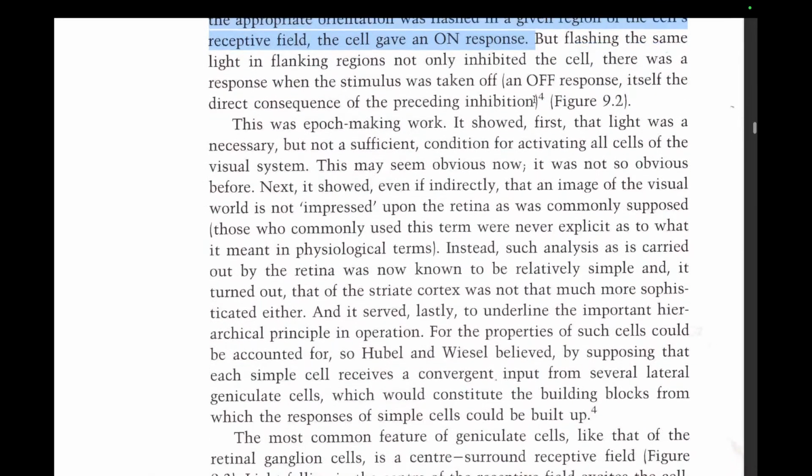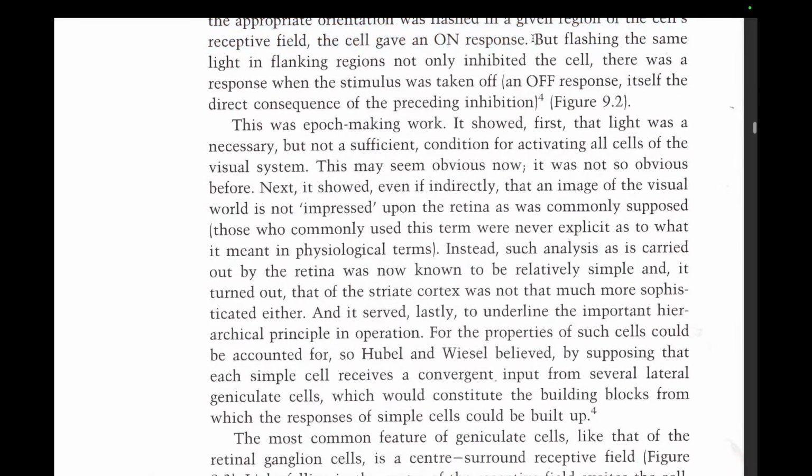But flashing the same light in flanking regions not only inhibited the cell, there was a response when the stimulus was taken off, an off response, itself the direct consequence of preceding inhibition. It's quite fascinating, actually.